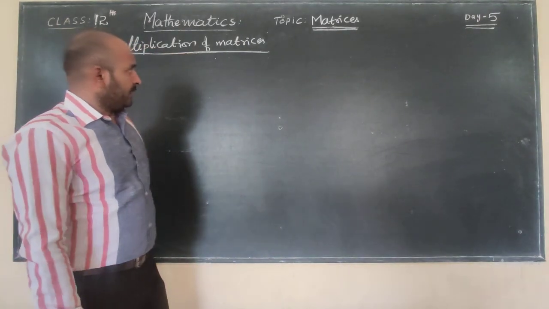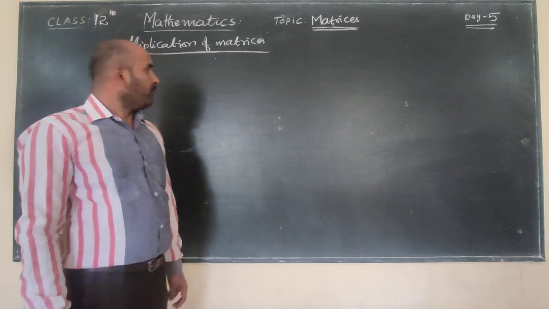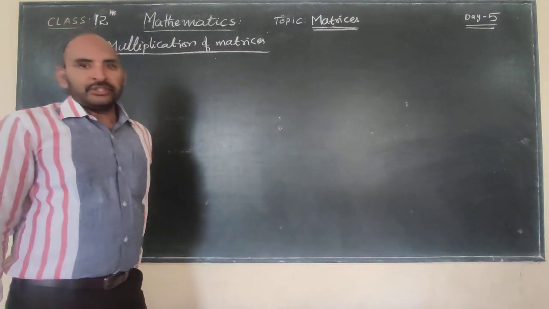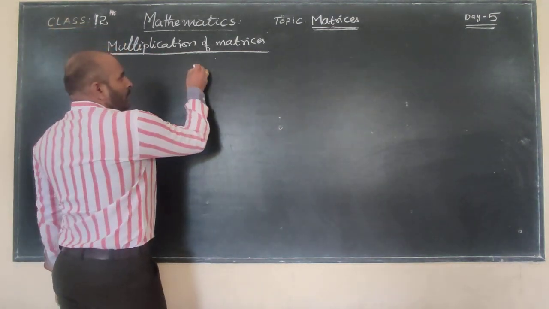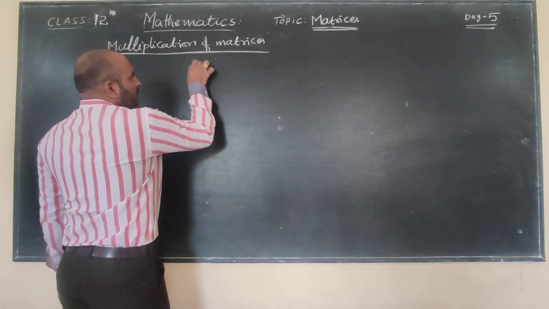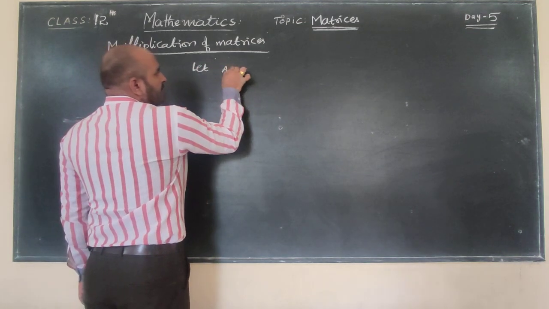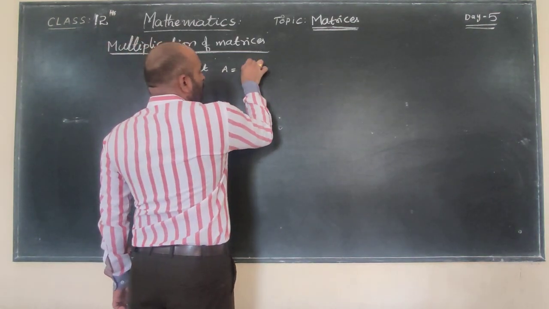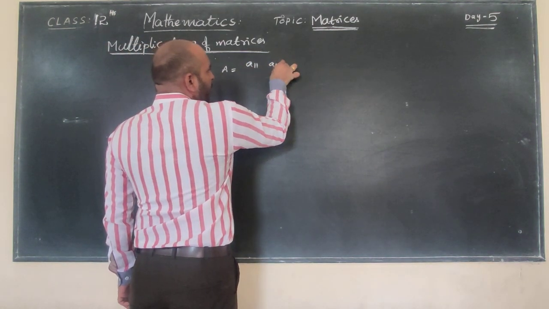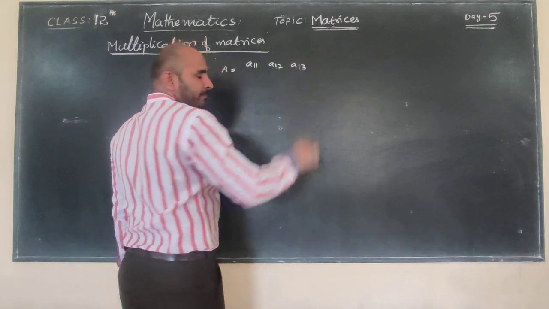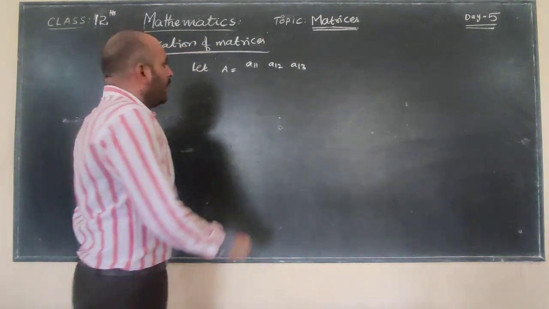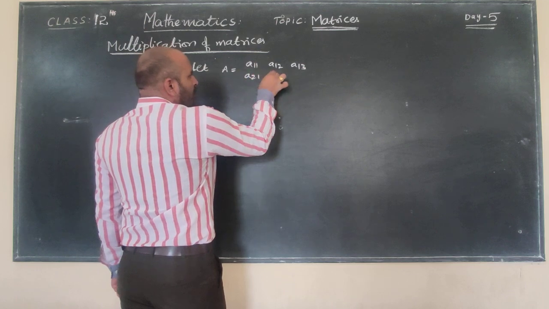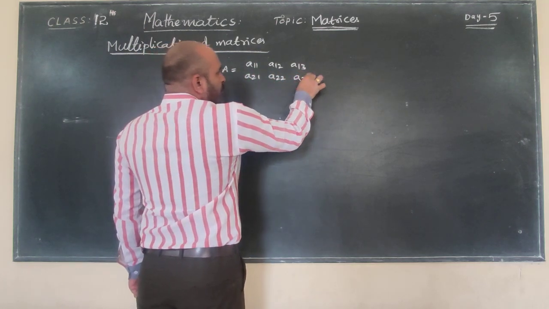Now let us take one example of matrix multiplication. Let capital A be the matrix with rows A11, A12, A13 and A21, A22, A23.